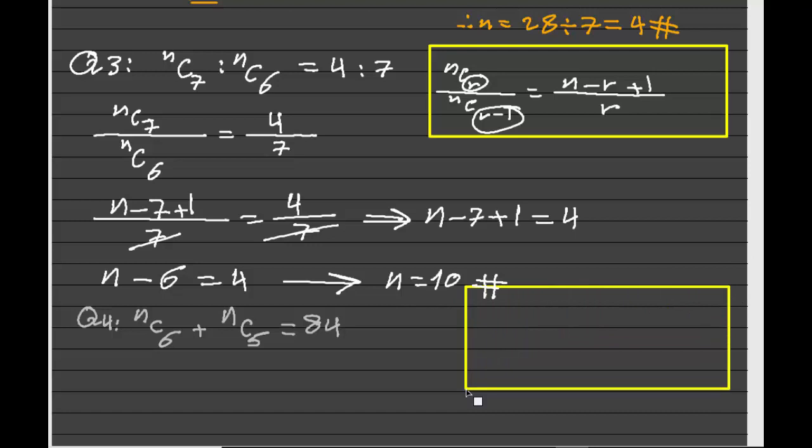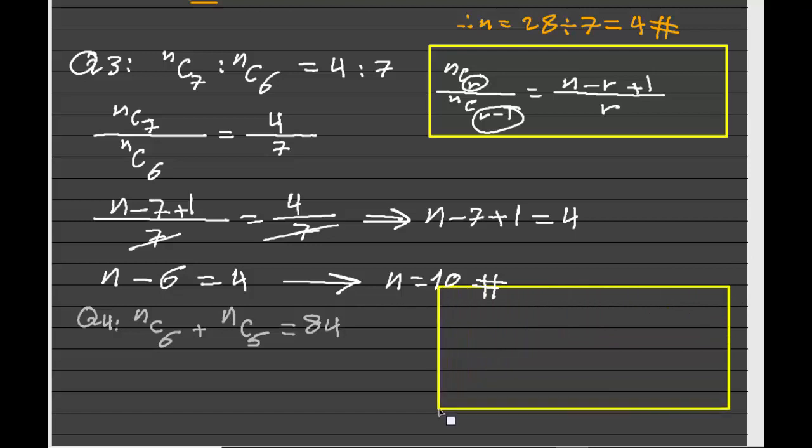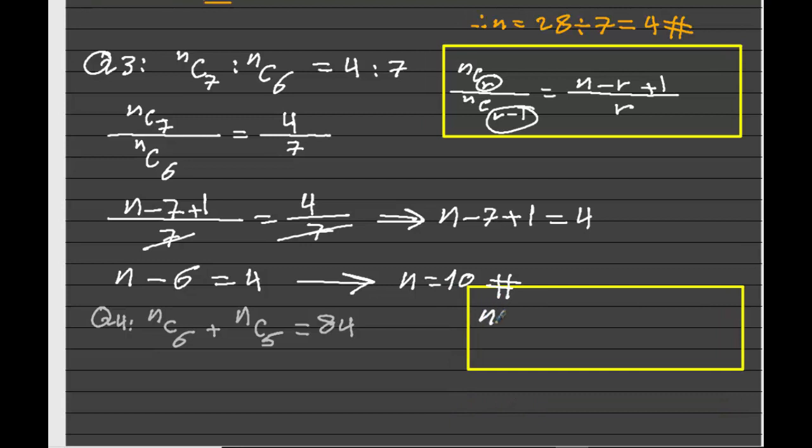We make this rectangle to write the rule. nCr plus nC(r-1) equals (n+1)Cr. Okay, nCr plus nC(r-1) equals (n+1)Cr.